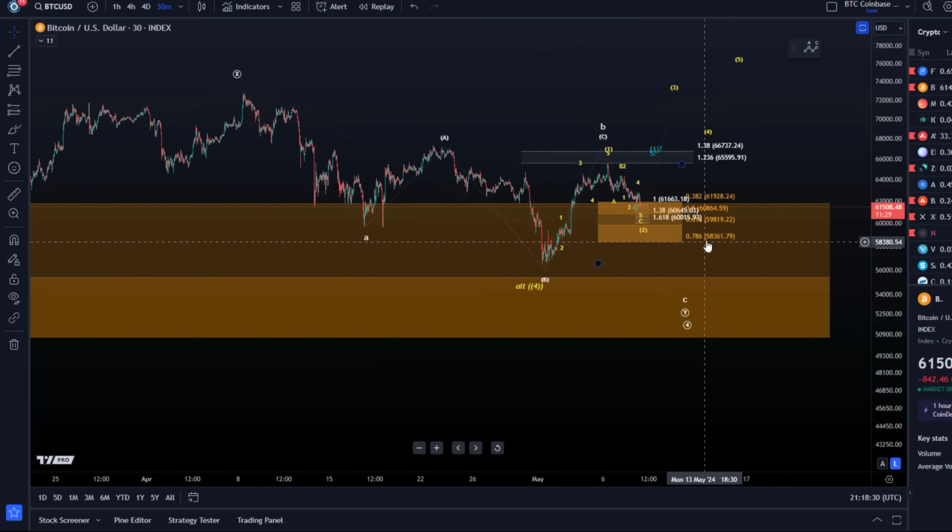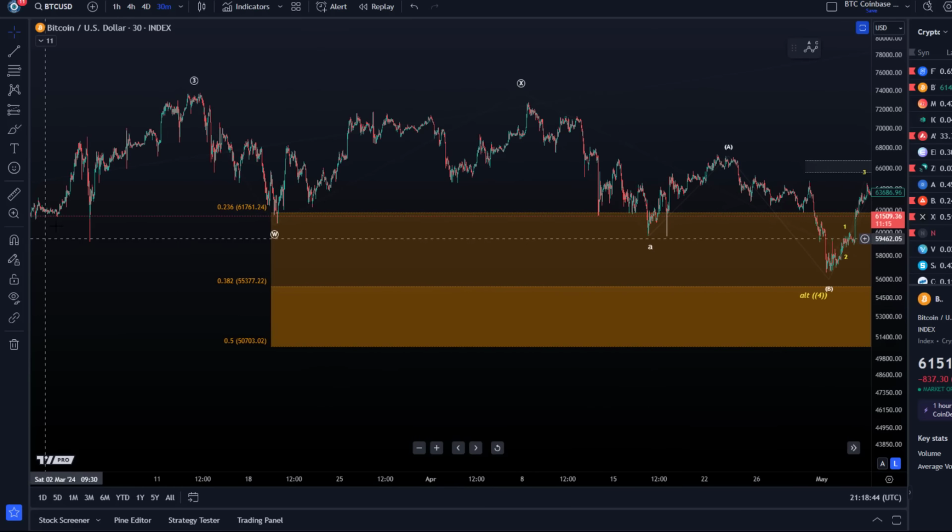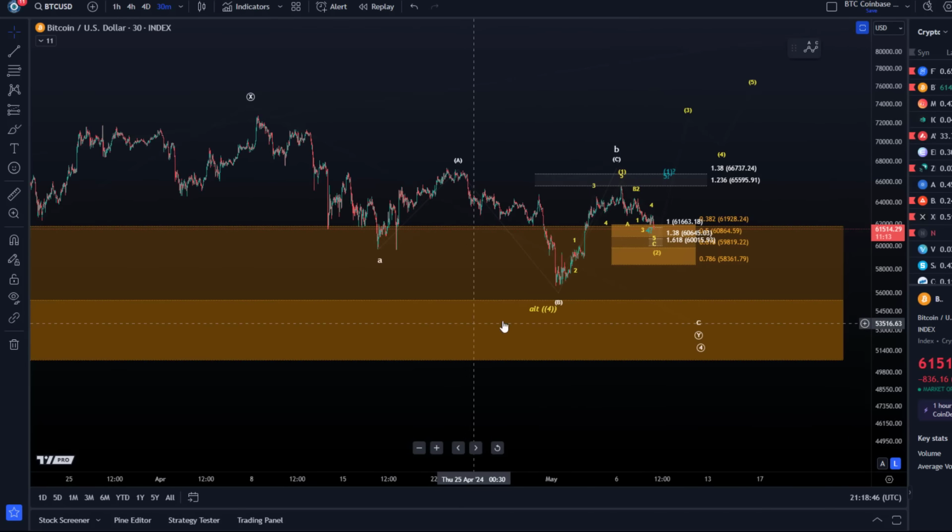If we break below 58.3K, where could we go then? The next main support level on the Bitcoin chart is 55.4K pretty much. That's the 38.2 Fibonacci retracement of the larger cycle, and that's going to be an important one. But first of all, let's see if we're holding that micro support area.